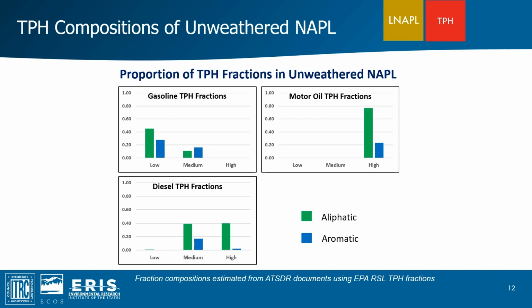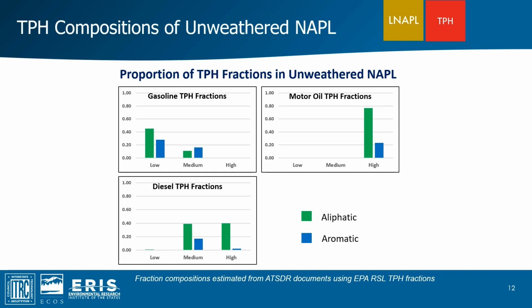The next 4 slides present TPH fraction compositions, which vary based on the oil-fuel mixture and weathering processes. On this slide, we start with the basics, NAPL composition. This slide presents graphs of TPH fraction compositions for 3 different unweathered NAPL mixtures: gasoline, diesel, and motor oil.